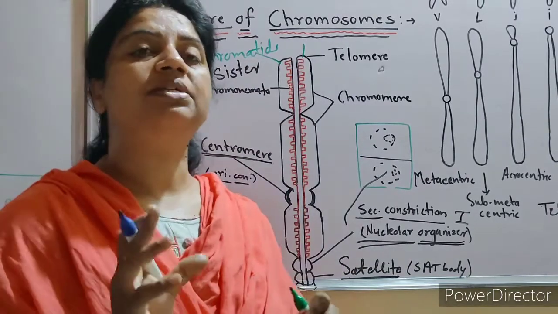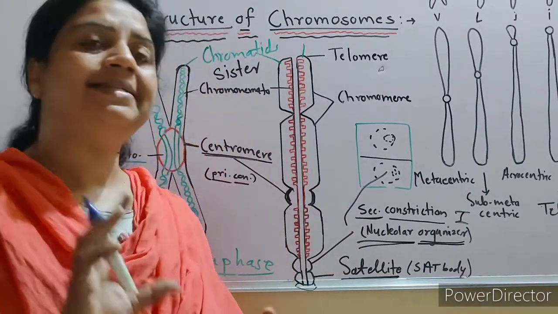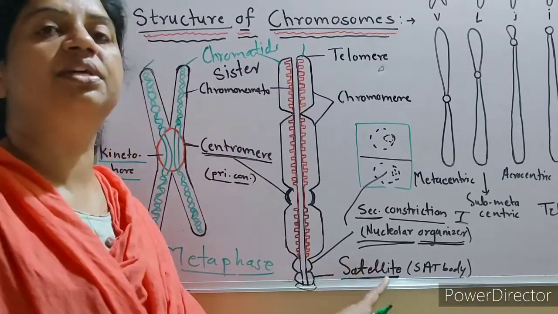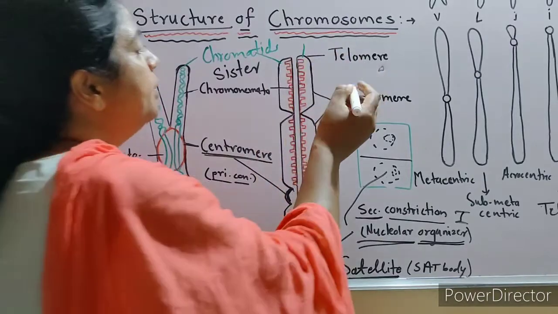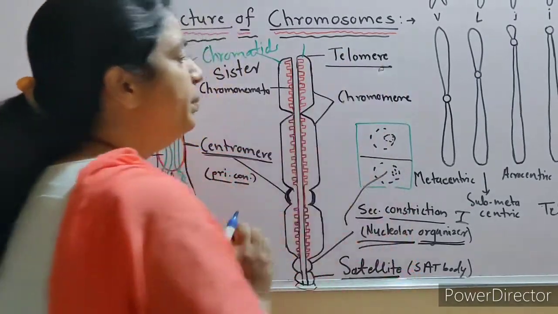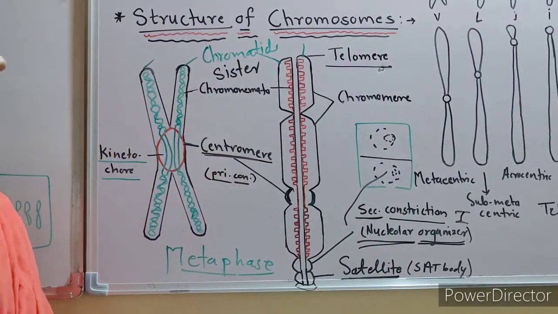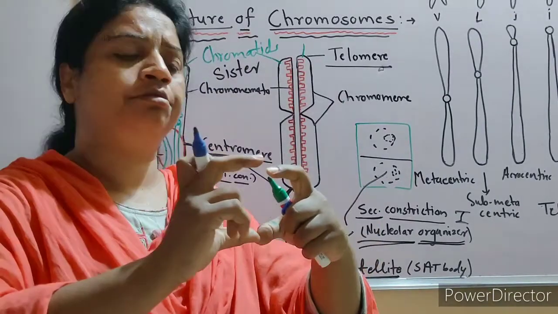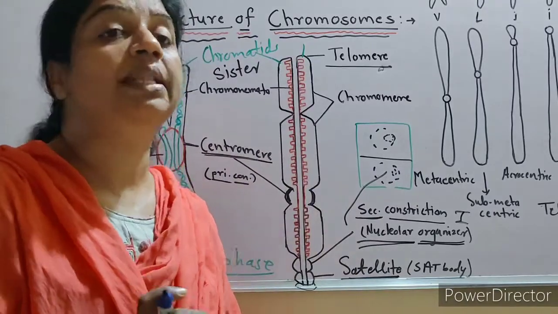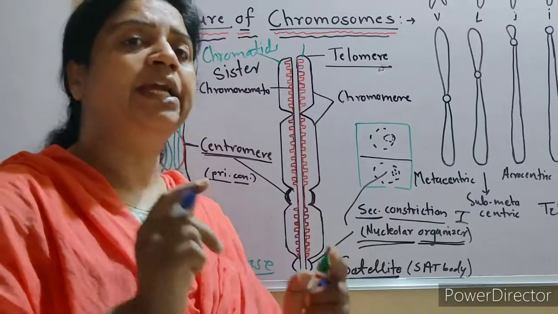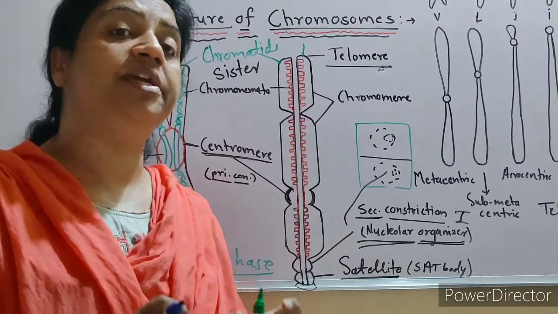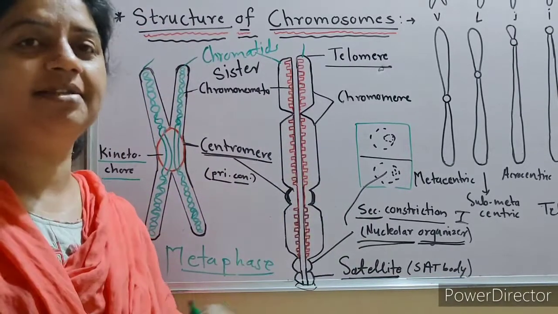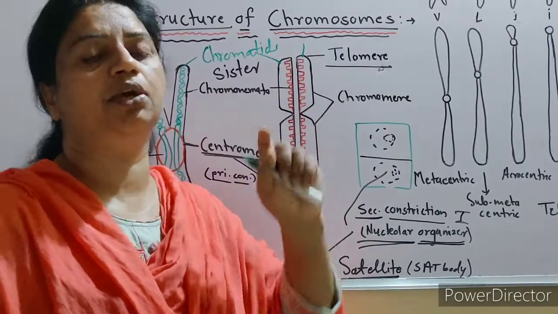This SAT body is a small, spherical, rounded structure. The tip of the chromosome is called the telomere. It avoids the sticking of two ends of the chromosome together, which would make it a circular structure, since it is all DNA.